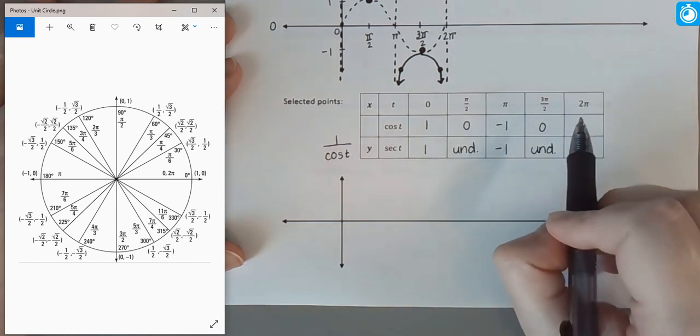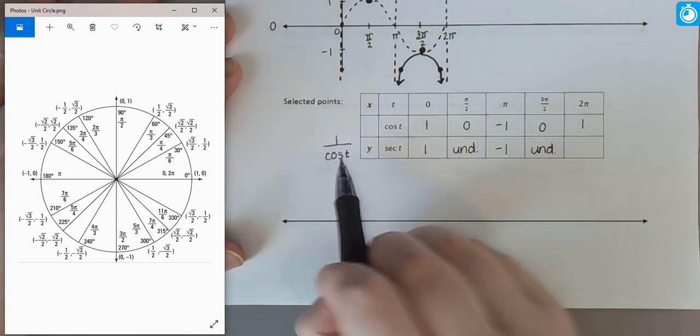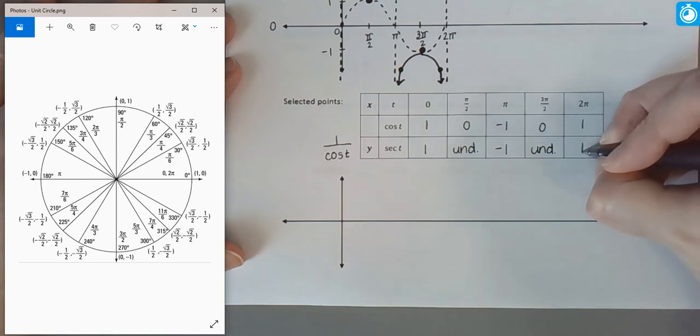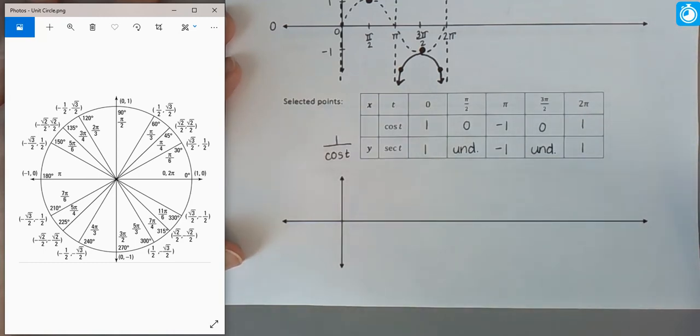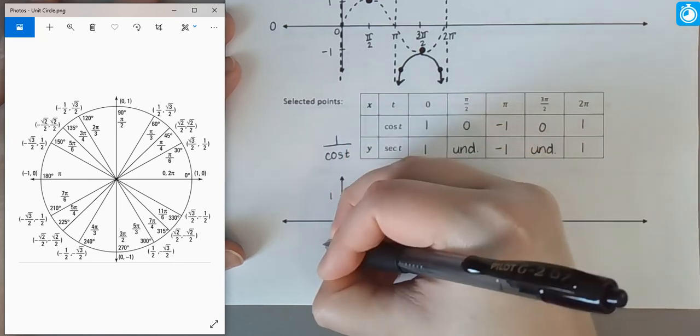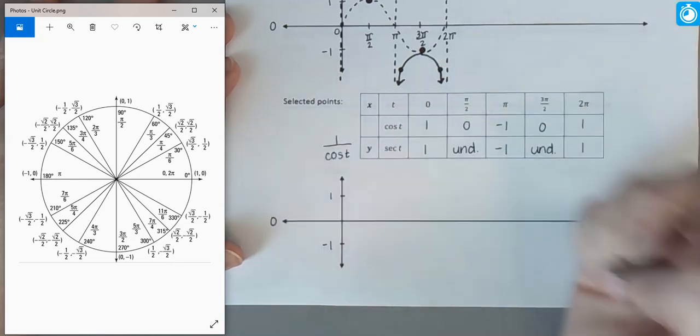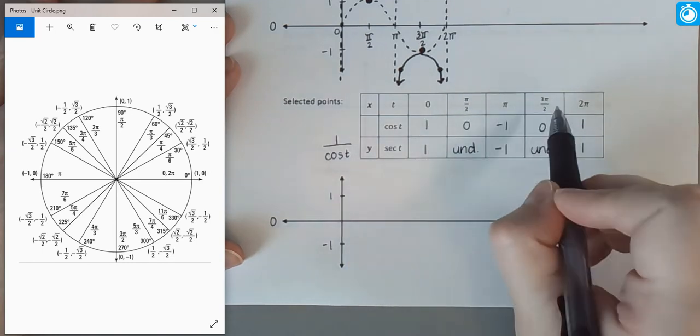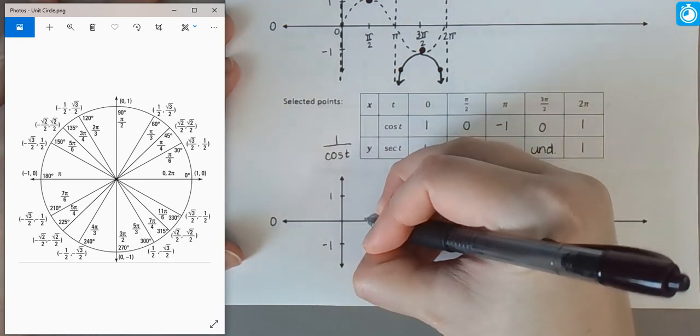And then once we get to 2 pi, our cosine goes back to 1. 1 over 1 is going to be 1. So similarly before, we have the same key values on the y-axis at 1, -1. Same key radian measures as before, so let's put those in.